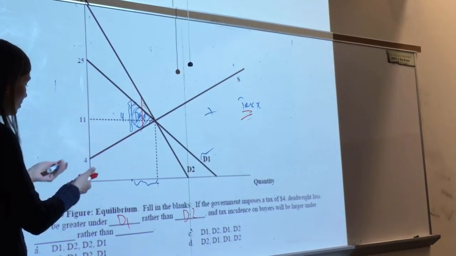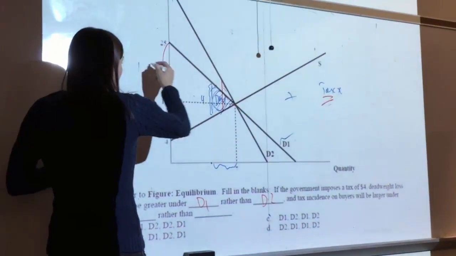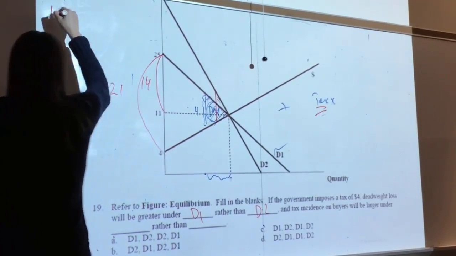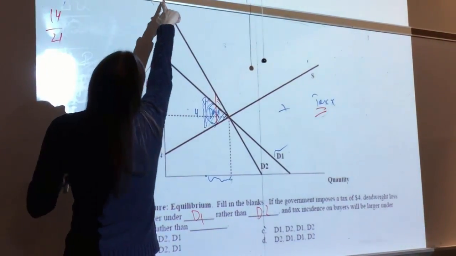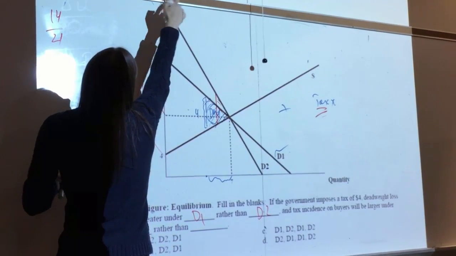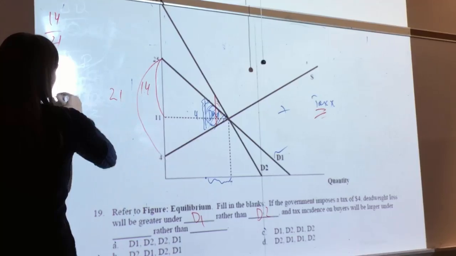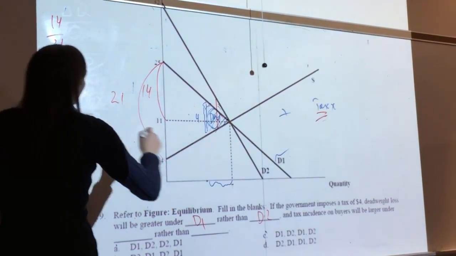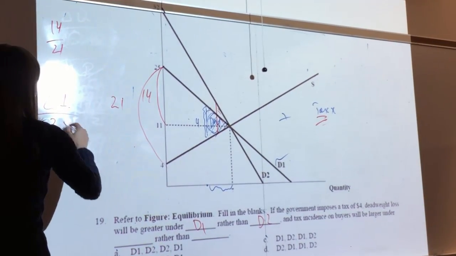So even if you just do the math, you can figure that out. This is 14, this is 21. So one of them is 14 over 21. The other one is that intersection here. What is that? Intercept is 32 minus 11, right? That's 22. Sorry, 21. And the whole thing is 28.